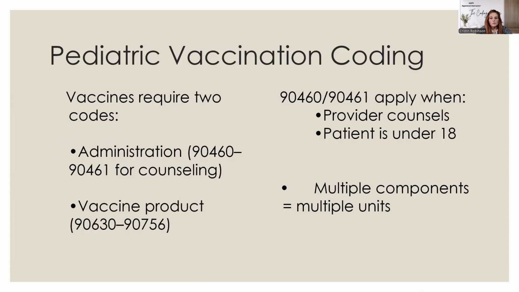Vaccine coding is one of the most common pediatric audit areas. Counseling must be documented to support the 90460 and the 90461. Here you see the vaccines require 2 codes, one for the administration code and one for the vaccine product itself.